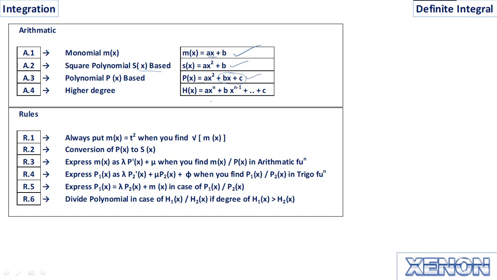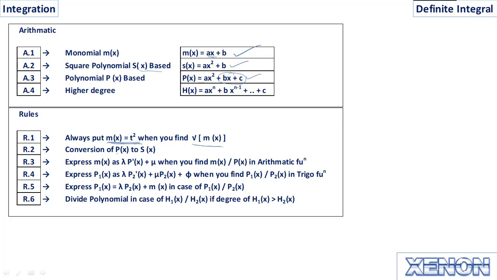Now the rules to solve integration of algebraic function or arithmetic function. First, when we are getting an integrand of the form square root of mx, then we will put mx equals to t square. Rule number 1: when we are getting an integrand of the form square root of mx, then we will put mx equals to t square, right?